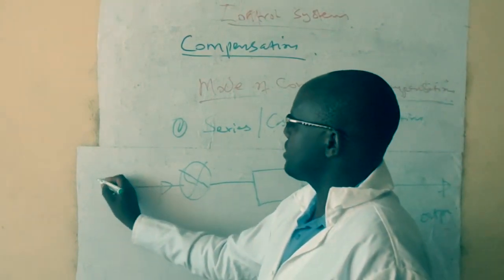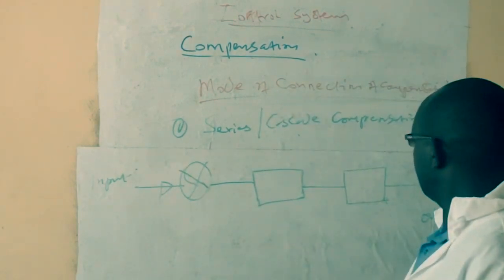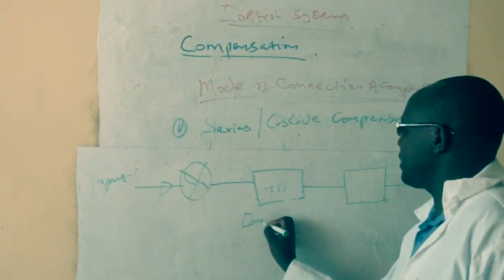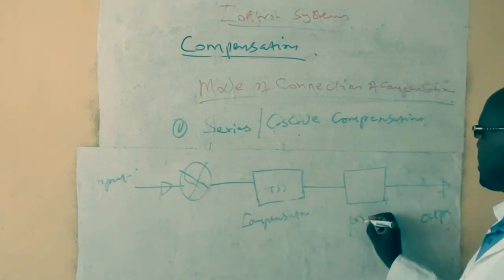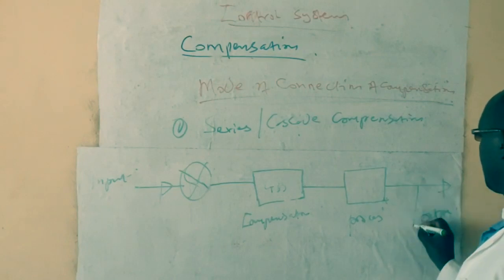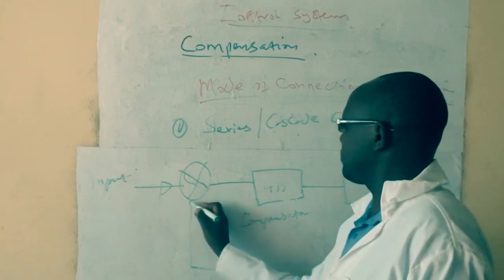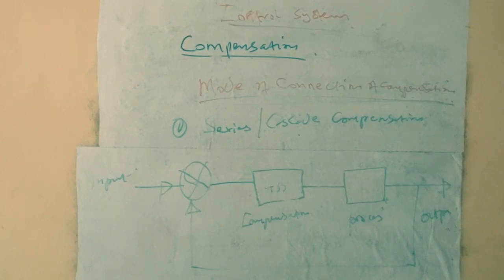So here is the input, and this one is going to be our G(s), which is the compensator, and this one is the process. So that is one way of arranging the compensators, in series with the process.